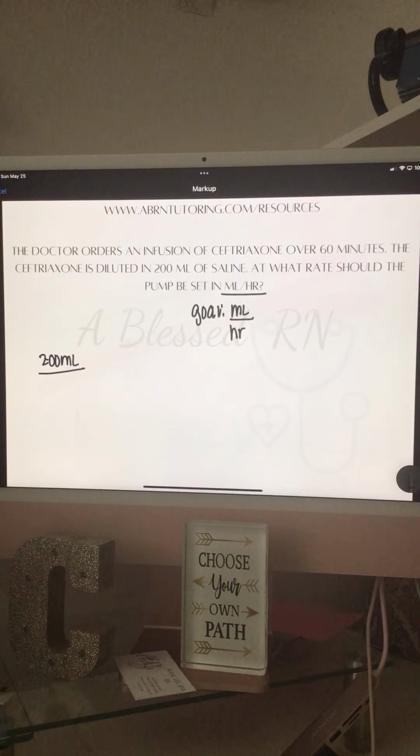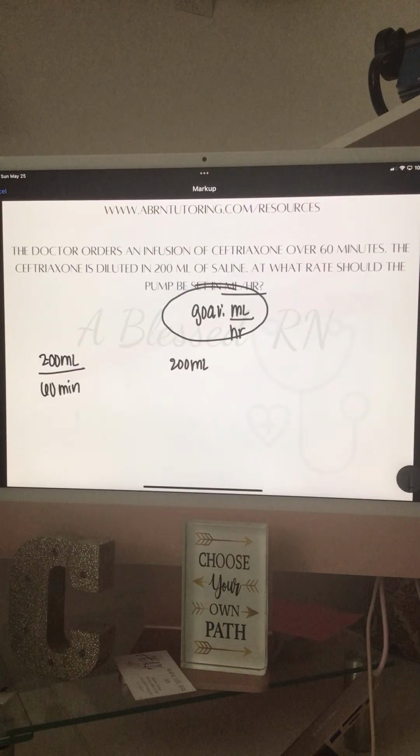What's the infusion time? How long do they want this to go over? 60 minutes. Okay. So that's volume and time, okay? Therefore, that's all that we need. So my puzzle piece needs to look like this when I get finished. So, 200 mLs on the top, and I've got 60 minutes on the bottom.